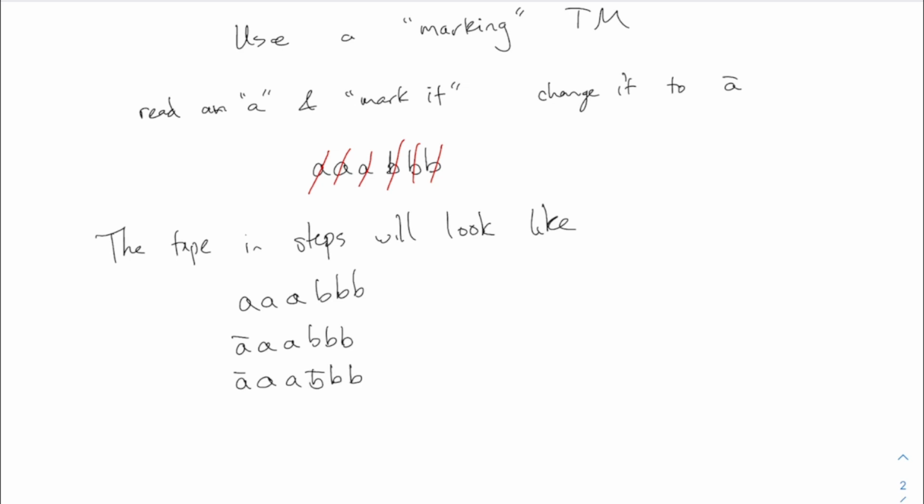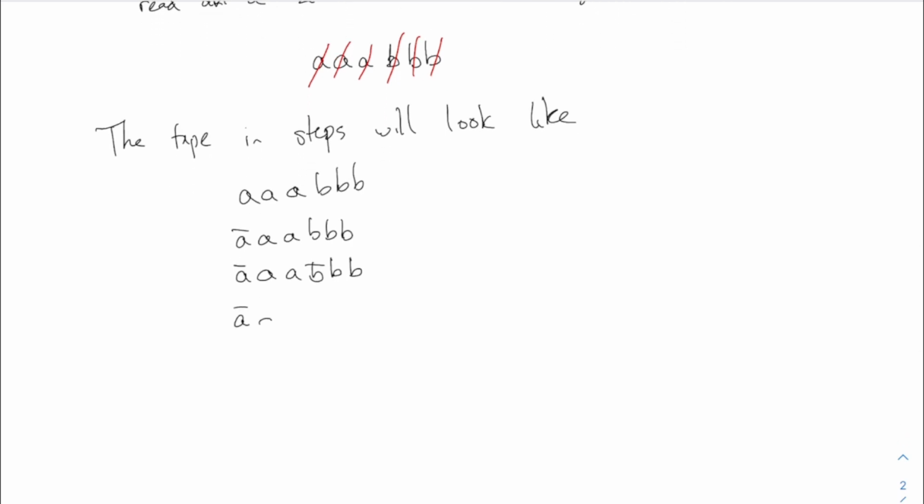And I hope you can imagine the kinds of steps you need to use in your Turing machine: change A to A bar, and then move to the right over and over again until you see a B that's not a B bar, and then change that B to a B bar, and then move to the left over and over again, back to the first unmarked A. So the next step will mark the next A, and then move to the right again and mark the next B. So now it'll say A bar, A bar, A, B bar, B bar, B, right?